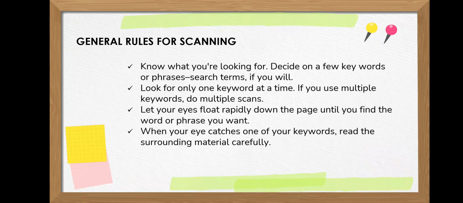Look for only one keyword at a time. If you use multiple keywords, do multiple scans. Let your eyes float rapidly down the page until you find the word or phrase you want. When your eye catches one of your keywords, read the surrounding material carefully and make sure that is the right information that you're looking for, right?